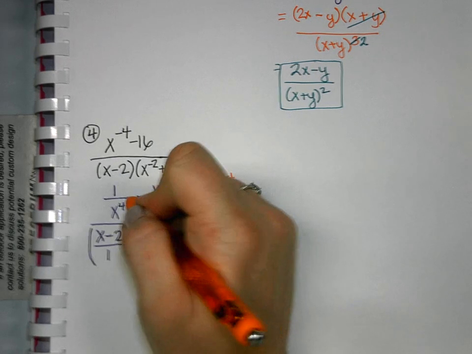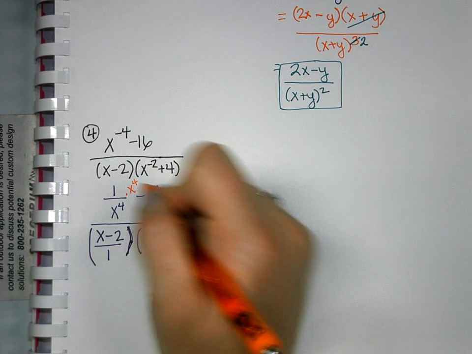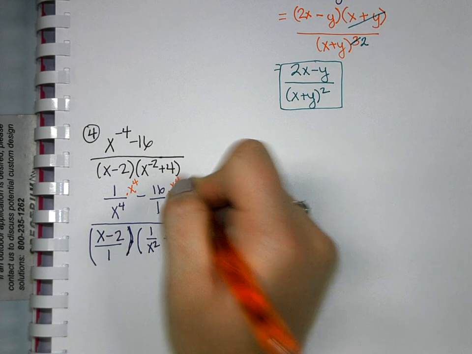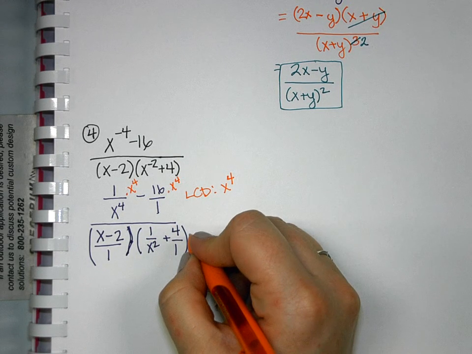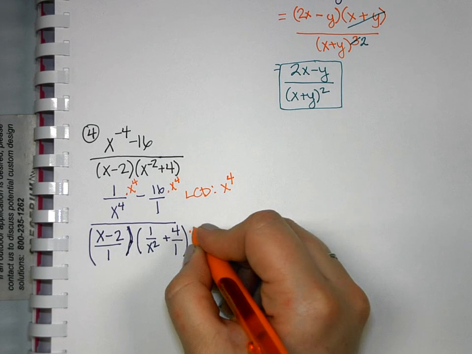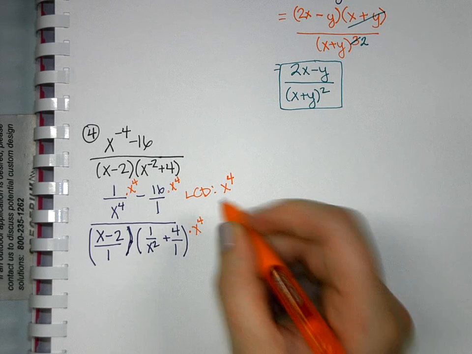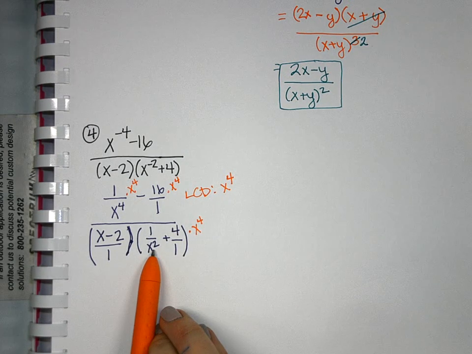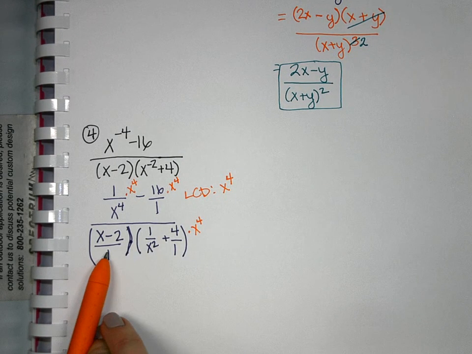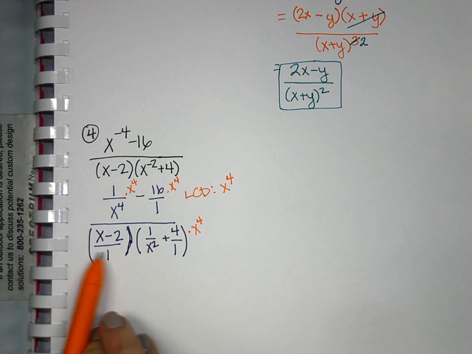So when I multiply x to the 4th times x to the 4th, and then over here I'm going to times this binomial by x to the 4th. So when I multiply it here, I don't need to multiply it here as well, otherwise that's actually multiplying by x to the 8th, and we only want to do x to the 4th.